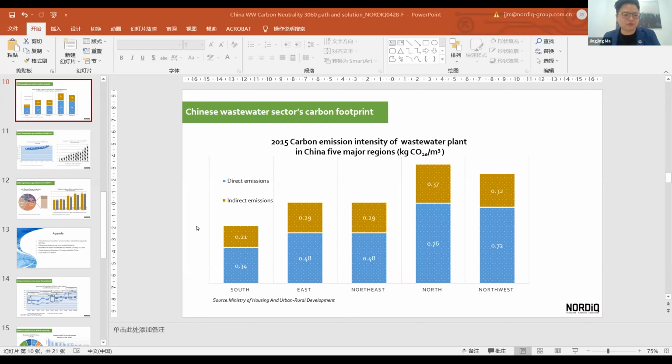So we have to combine a lot of data and make our own assumptions about the treatment, and then make the calculations afterwards. But the trend is, for sure, there is deep growth. We have really deep growth in the energy consumption per unit cubic meter of water in urban areas. So this is what we think.